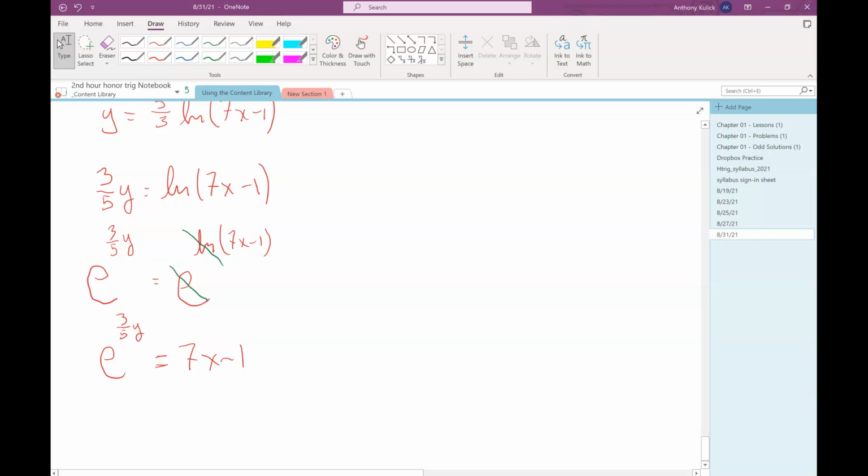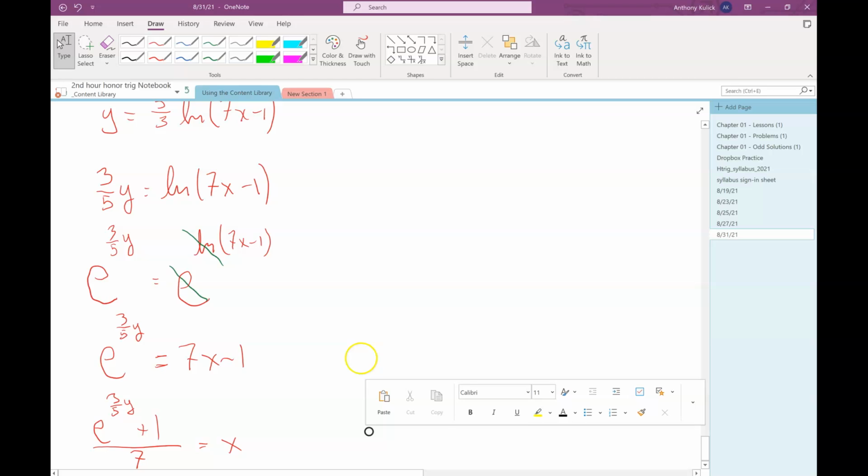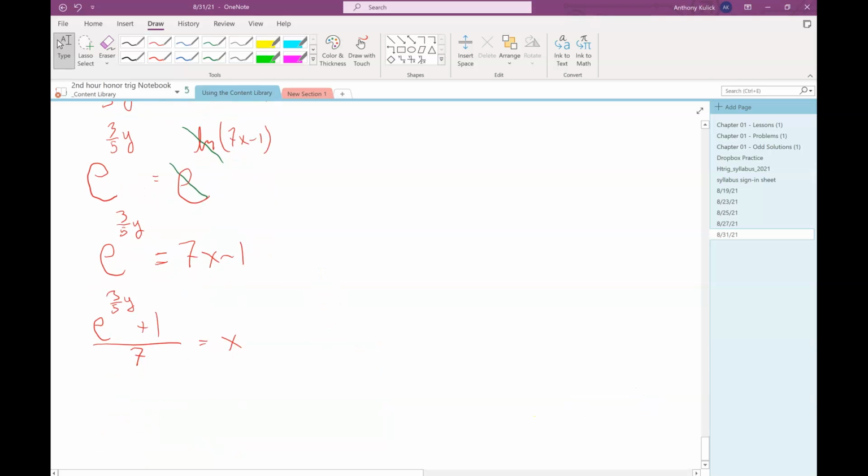Well, not till I've added 1, though, right? Yeah, let's add the 1 first, and then we'll divide by... Sure. And that's probably just the way I would write it, is something that looks like that. Seems the easiest.